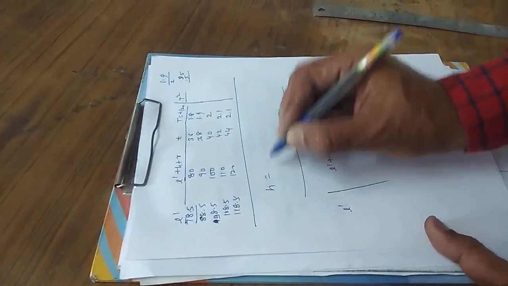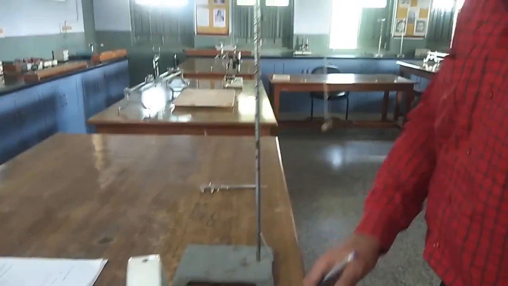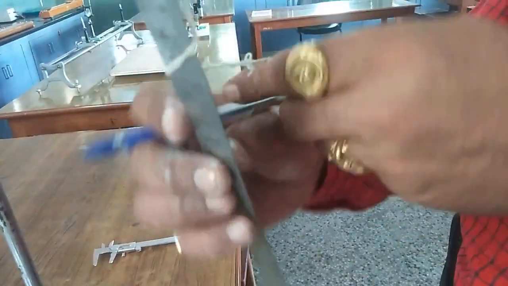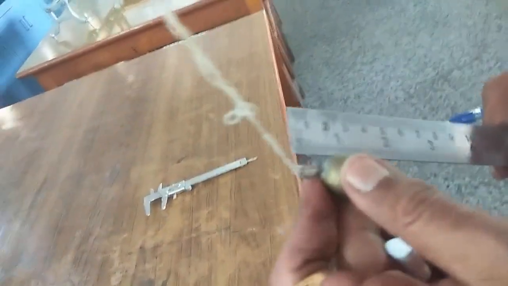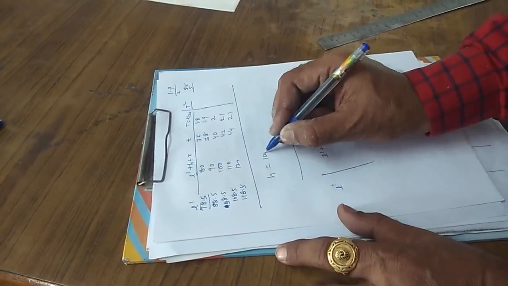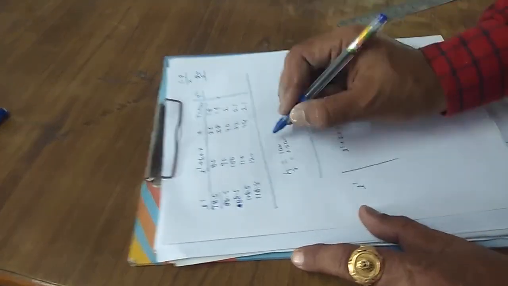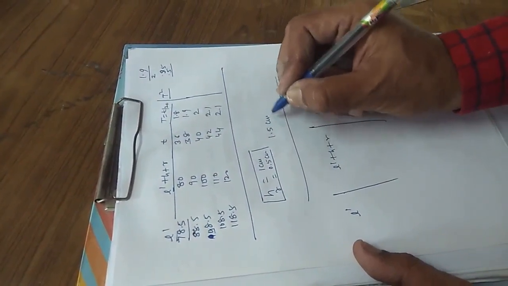You see here the height of the bob, and I am measuring once again in front of you, like this. Just a minute. Here the height is 1 centimeter, and the radius of the bob is 0.5 centimeter. The total H plus R is 1.5 centimeter. You have to write that there.